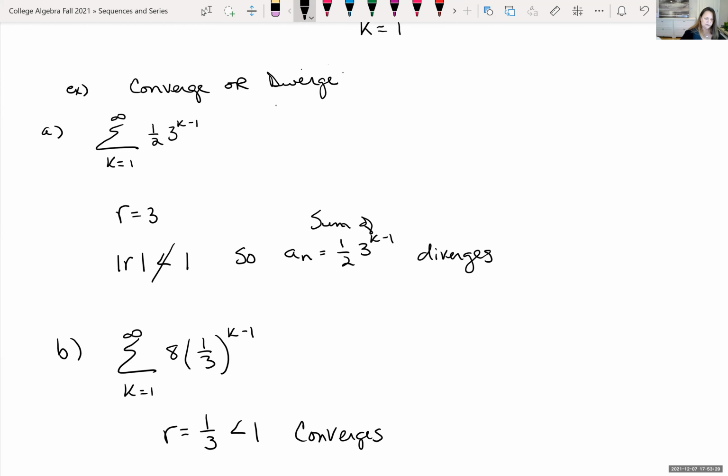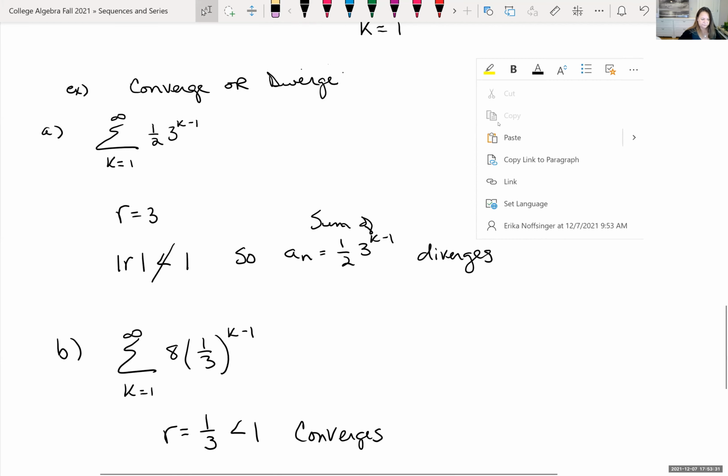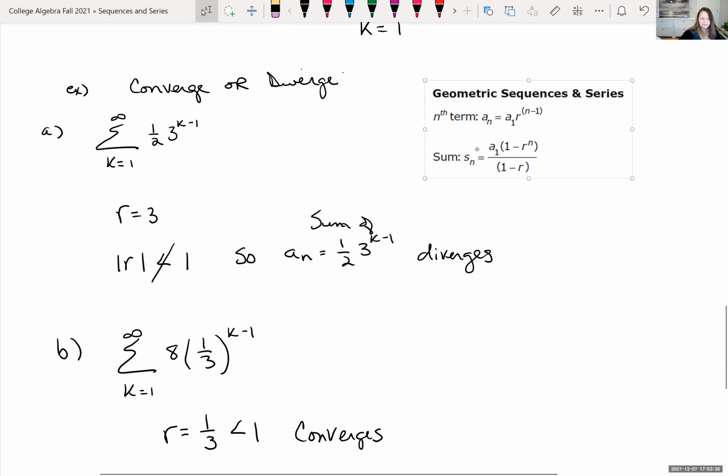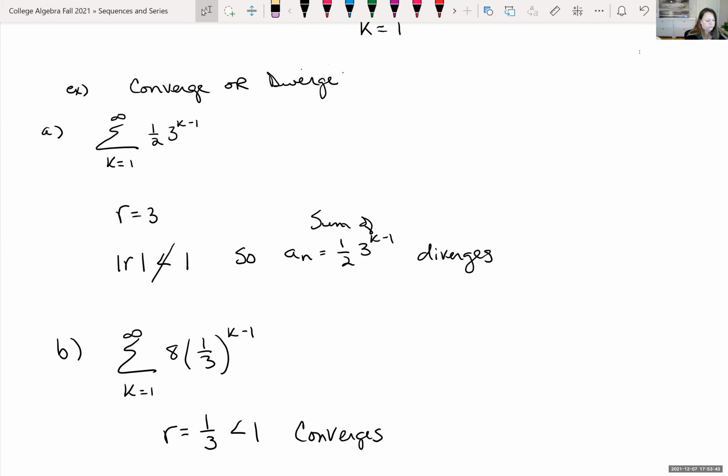And if we look at our formula, we need to know what the first term is.